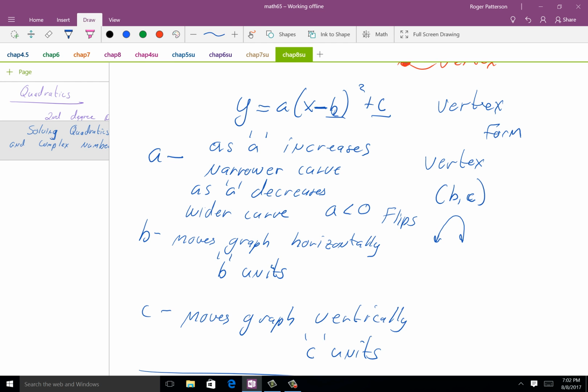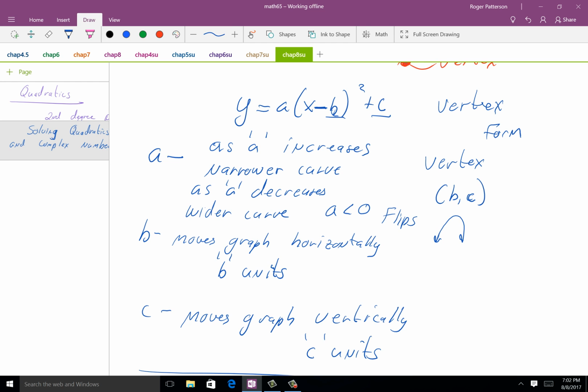There we go. Okay, so why is it negative? Because it's upside down. So the purple graph, U shape, the U's upside down, so we know that A is going to be negative. We don't know what A is, we just know that it's going to be negative.